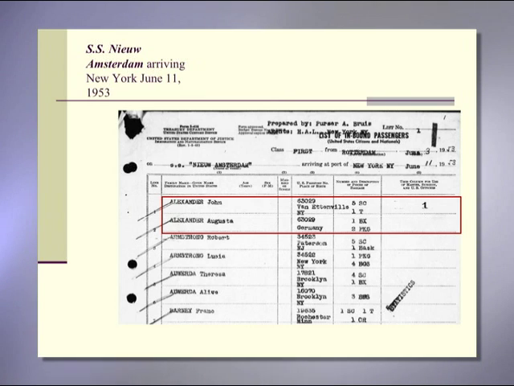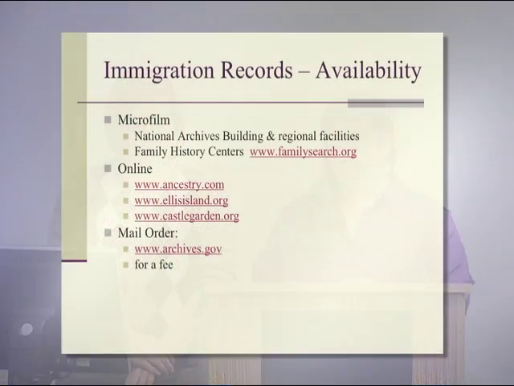Augusta was born in Germany. And you find the amount of luggage that they're traveling with. They have 5 suitcases, 1 trunk, 1 box, and 2 packages. Now, one of the things that you want to take note of on this manifest is that under the passport number, they both have the same number. So it's quite possible that they are a married couple, even though it does not specify this on the manifest.